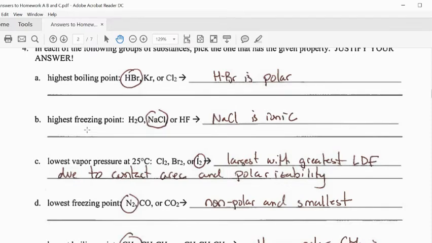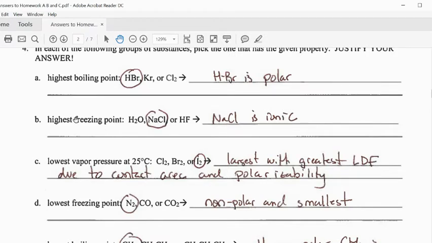So the freezing point and the melting point are the same value. It's just which side of the line you are on. If you ask which one has the highest freezing point versus which has the highest melting point, you're asking for the same point. I would prefer to think of it as melting, honestly. Which one would be the hardest to melt, the harder to break down from a solid to a liquid? NaCl should be the hardest of these 3 because it's ionic.